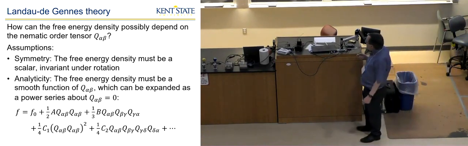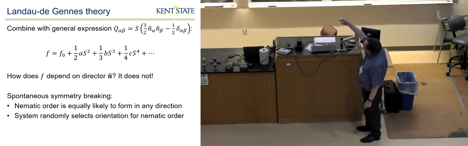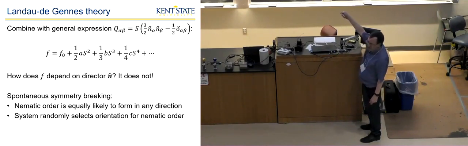Now, let's put in how this Q tensor is related to the scalar order parameter and the director. If I put that in, then I get a free energy expansion like this in terms of the scalar order parameter. It has a constant term, no linear term, something that's quadratic, something that's cubic, something that's fourth order.